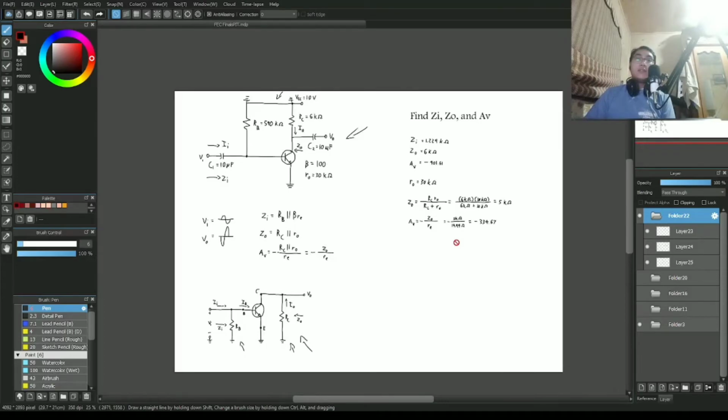Now, I know it's a bit disappointing that there's not a lot of solving, but that is to be expected because this is, of course, a fixed bias configuration.